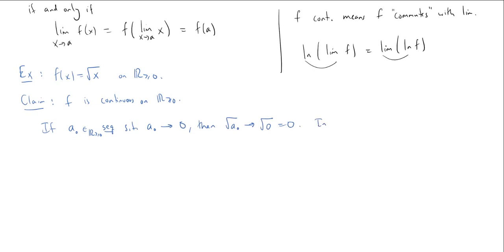Okay, why is that true? All right, to show that the square root of a_n converges to the square root of 0, I'm going to have to show that every 0 coin contains a tail of the square root of a_n. So let's start with some coin around 0, so it'll have size epsilon. And I already know that a_n converges to 0. So every 0 coin is going to contain a tail of a_n.